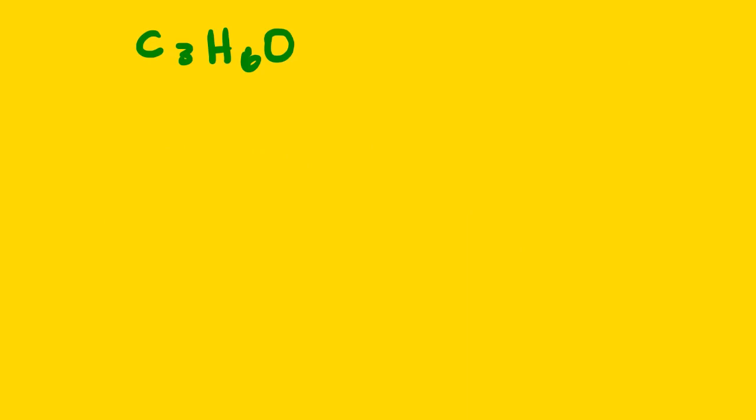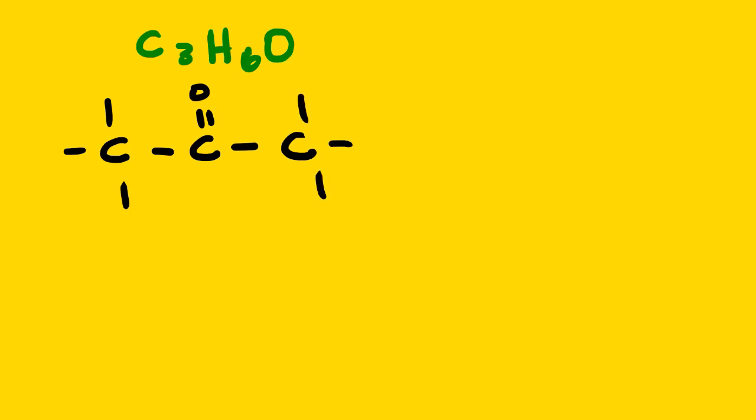We can represent this compound in many ways, but let me represent it like this. I'm going to put this double bond here, then you're going to have something like this. If you check all the carbons, they are satisfied, and also the oxygen, where we can just put our lone pairs here.